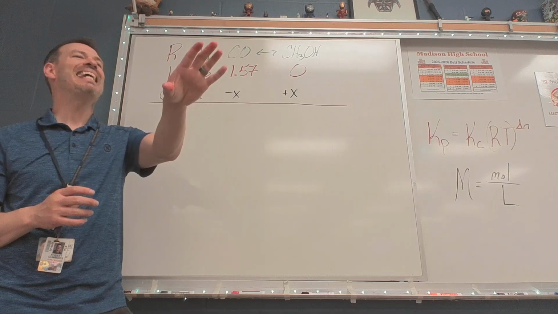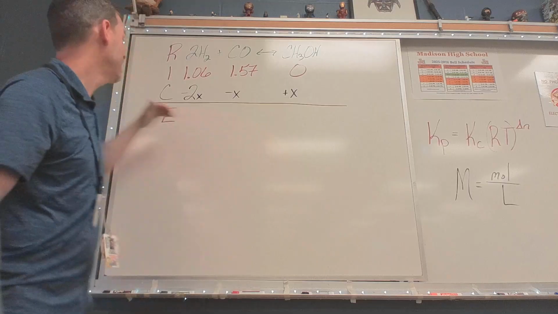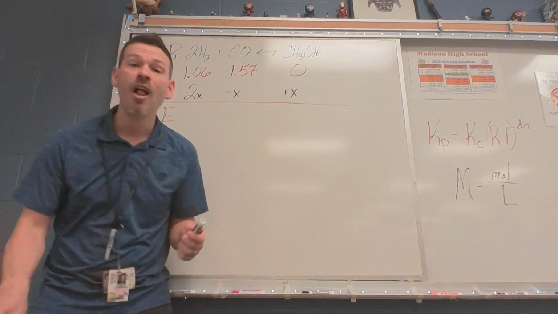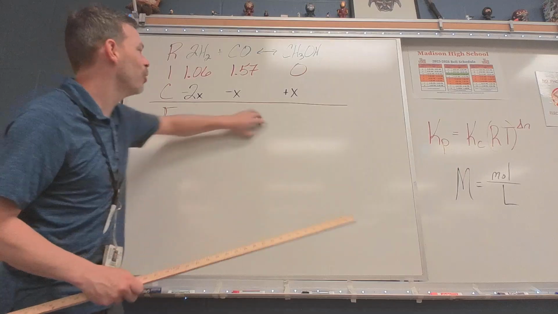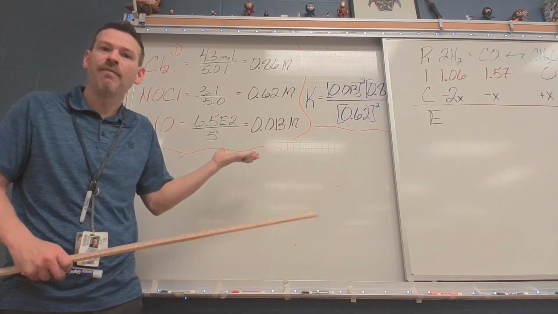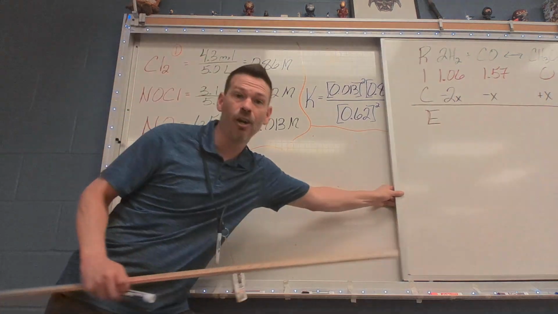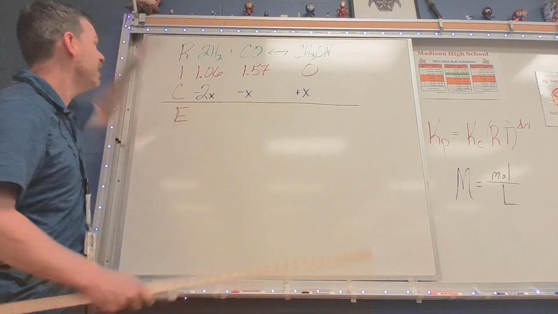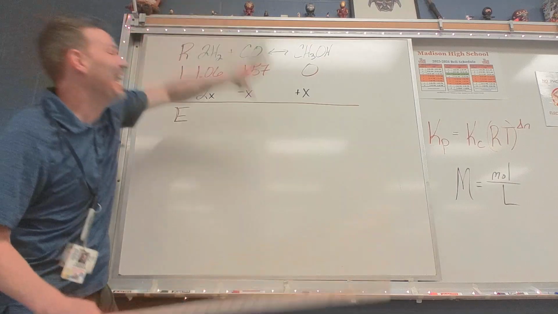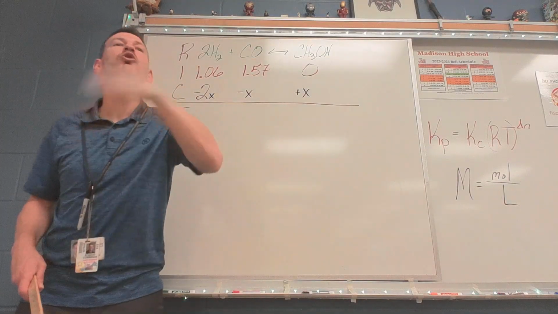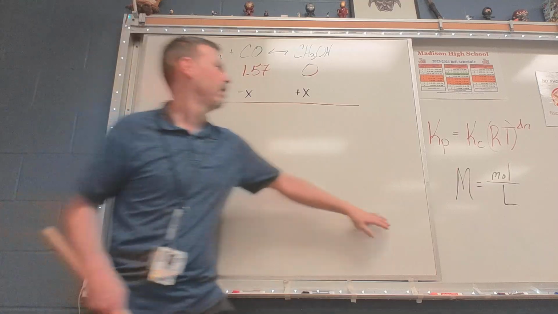Now, if you look at E, this is the magical row here. This is the one we care about. Because the problem that I have is I don't know the equilibrium values the way that I did yesterday. It just gave me those, so I went straight to K. Here, it gave me the initial values, which is the whole point of the rice table. I need to turn these initial values into equilibrium values, and then I could plug it into K and do what we did yesterday.